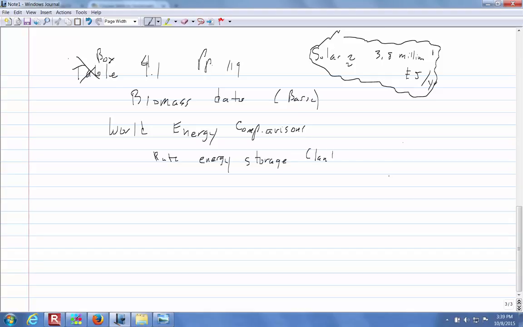Land biomass is 2,400 exajoules per year, right? And he even gives you the 76 terawatts. That's the power. That's the rate, okay?